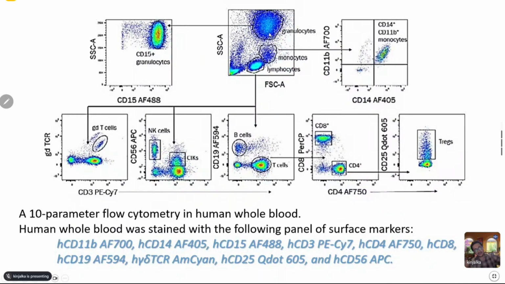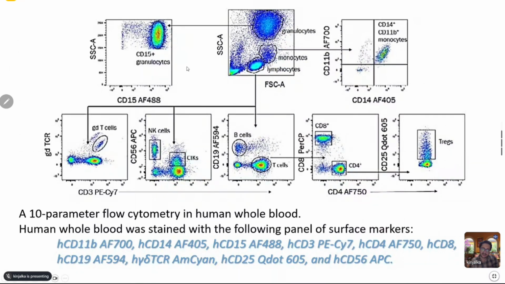Before that, there are two more levels of sorting where whoever is doing any experiment separates live cells from dead cells, and then separates singlet cells from multiple cells which are clumped together, and then you go ahead and segregate them further as granulocytes, monocytes, lymphocytes.